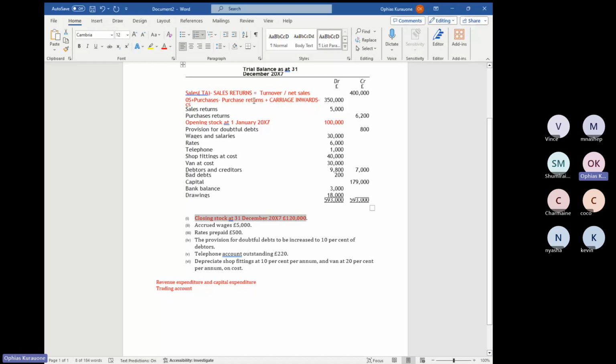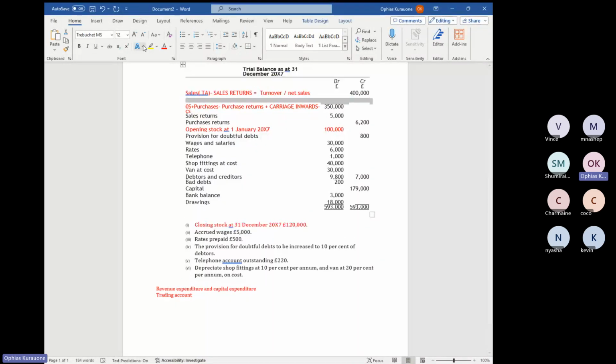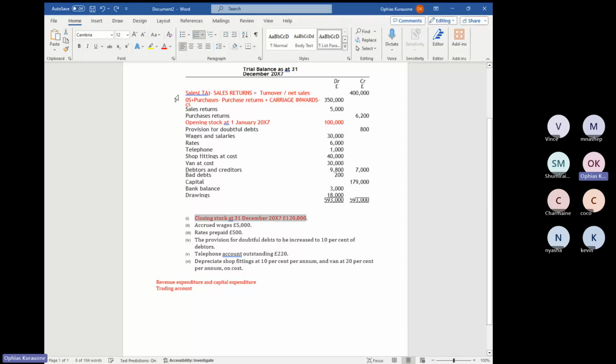So our gross profit consists of sales, less sales returns. Then after that, we get a turnover. Then here, less opening stock, add purchases, less purchase returns, add carriage inwards, less closing stock. Then you get the figure which you are going to get here. This one is cost of goods sold.